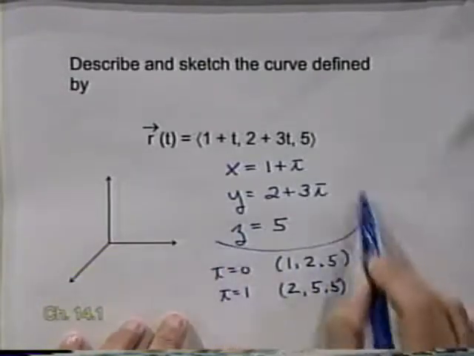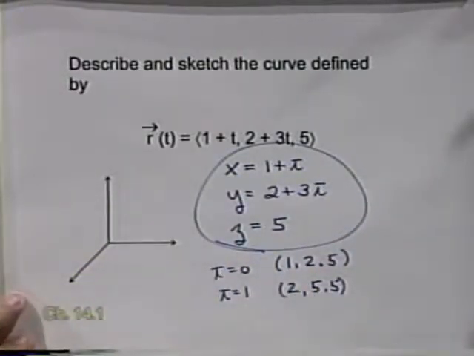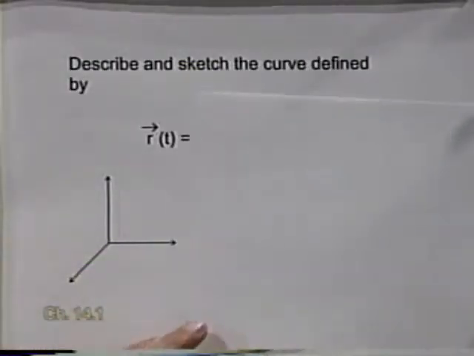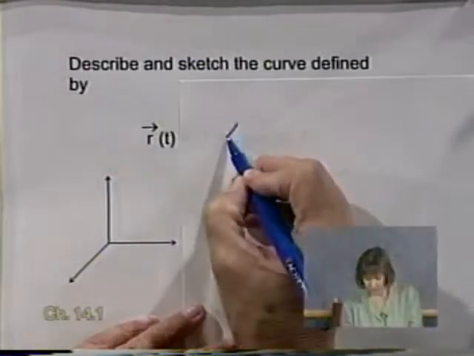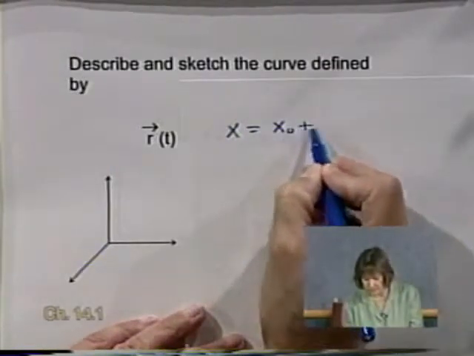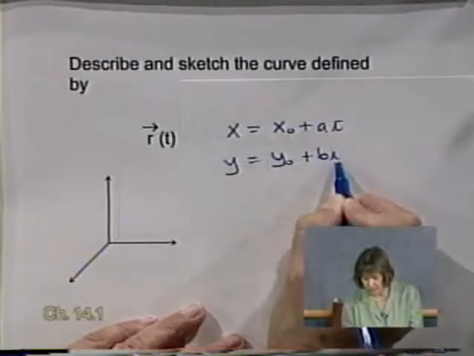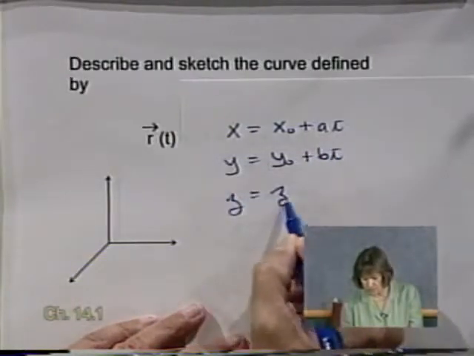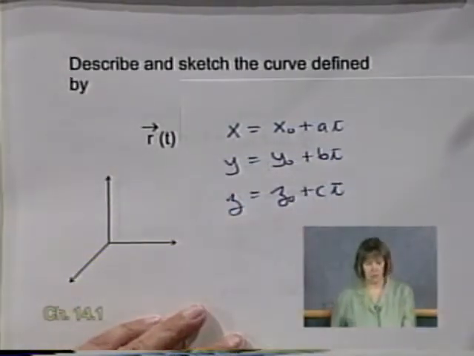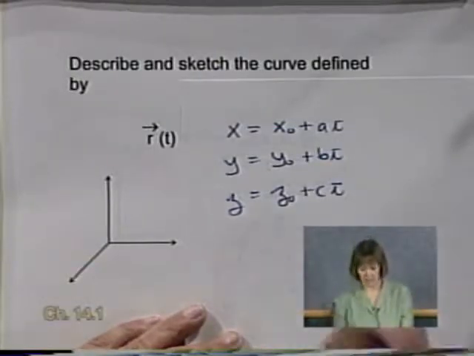Who recognizes this? What's that a graph of? Do we remember back before when we took our test last chapter? If you had x equals x naught plus at, y equals y naught plus bt, z equals z naught plus ct, what was that a graph of? A line.